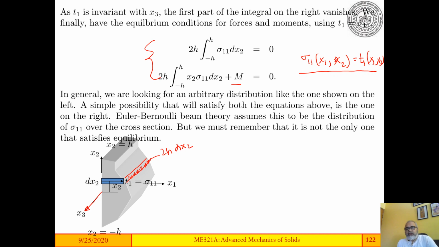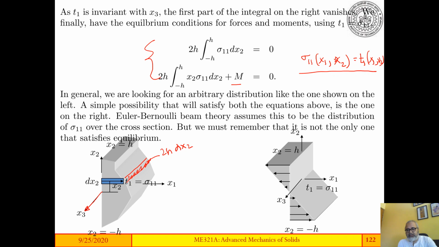Euler-Bernoulli assumed a very clever distribution, which is this, what you read in your MOS courses. They assumed that it varies linearly with x2.